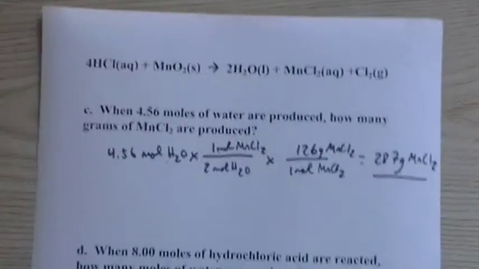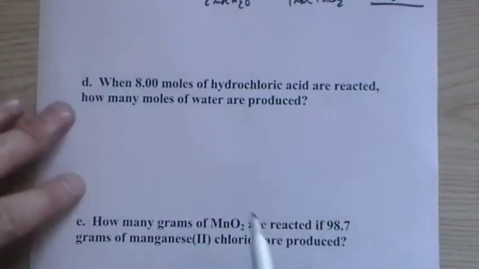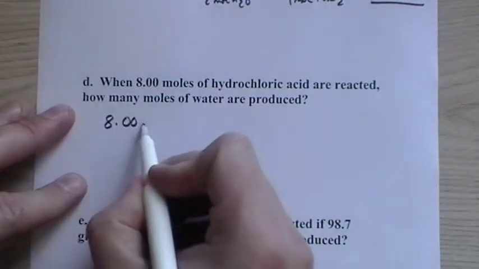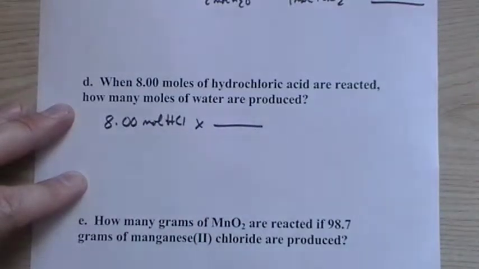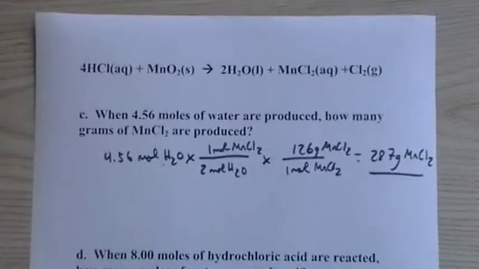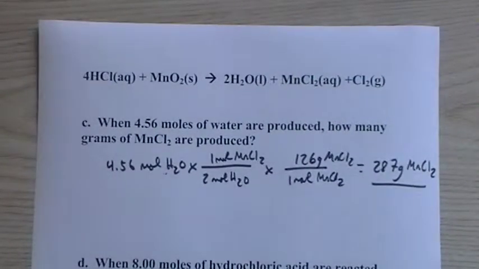Okay. 8 moles of hydrochloric acid. So I just write it down right now. I reacted 8 moles of hydrochloric acid. How many moles of water are produced? A very nice one because it's just in moles. So we see that it's 4 moles of hydrochloric acid and water is 2 moles.